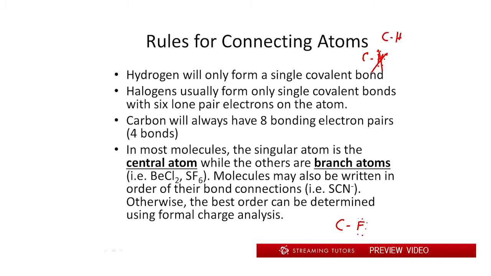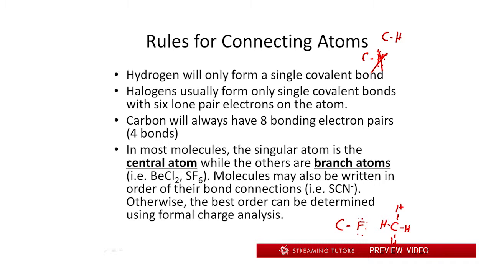And then carbon's also pretty much always going to have 8 bonding pairs, or 4 bonds. You're rarely going to see lone pairs on a carbon. It'll more likely look like this. For example, if we had methane, it's always going to have just those 4 bonds. Now, for any other molecule, we can have 2 kinds of atoms. We can have a central atom and branch atoms.